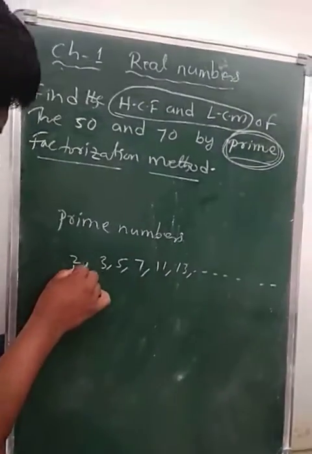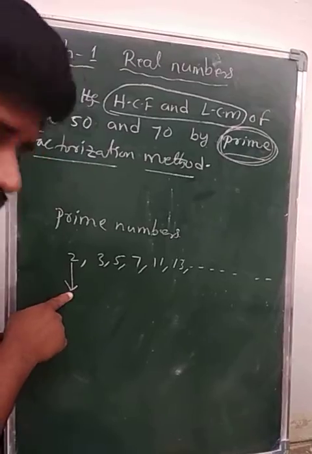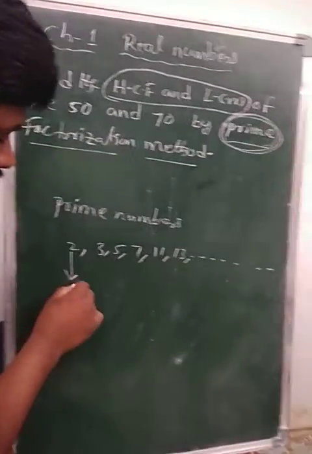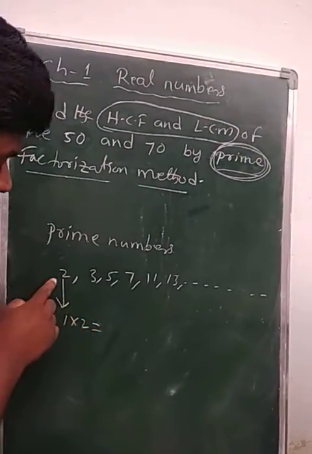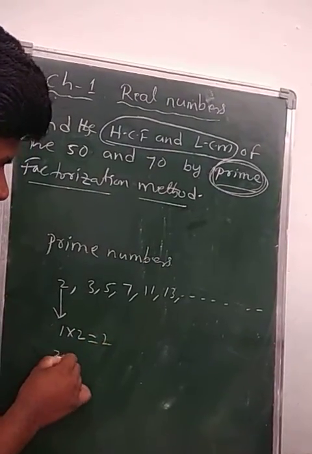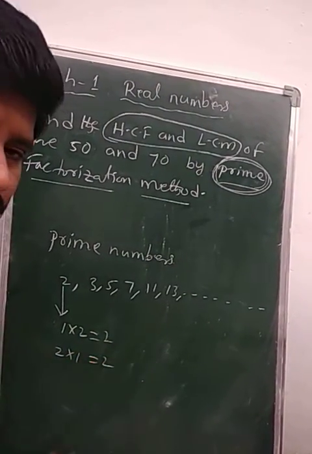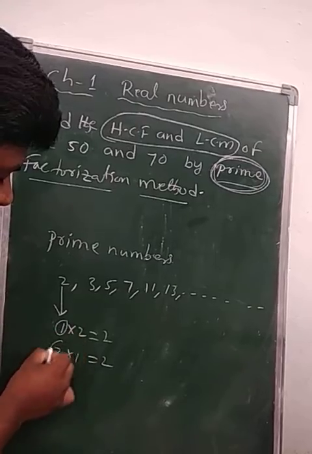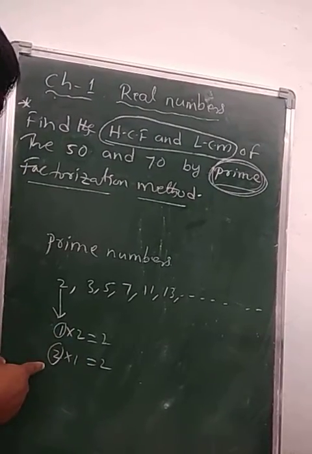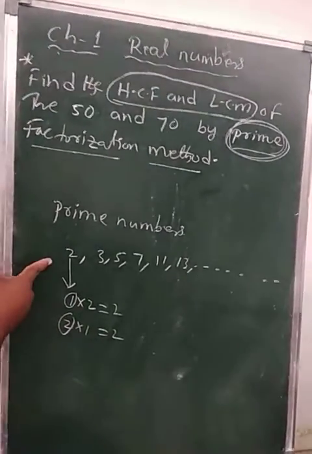See, for example, 2. What are the factors of 2? 1 twos are 2, 2 ones are 2. So clearly it has two factors, 1 and the number itself. There is no other factor for 2.